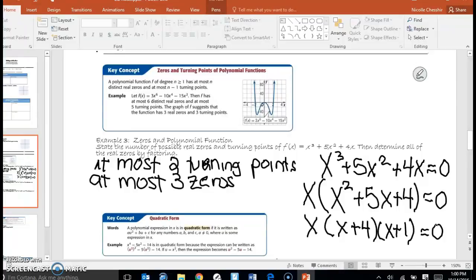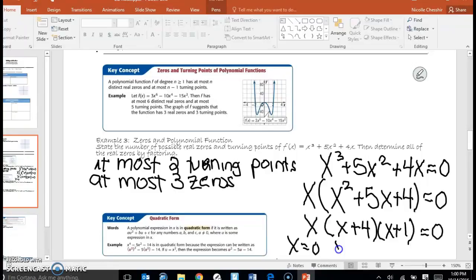So now solving, if this x that we pulled out initially is 0, then the whole thing is 0, right? Because 0 times anything is 0. So x equals 0. And if x plus 4 equals 0, then the whole thing is 0, and if x plus 1 is 0, then the whole thing is 0.